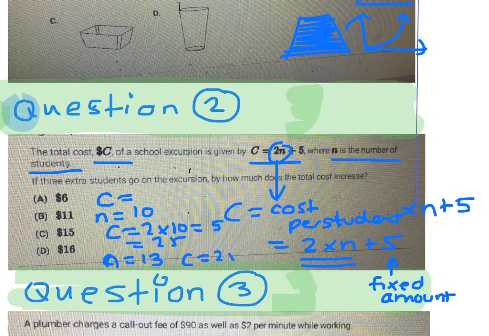So it would be 2 times 13 plus 5. 26 plus 5 is 31. So can you see that from 25 to 31 would be an increase of $6. Now another way of doing that is because it's $2 per student, if you put in an extra 3 students, that would be $6.